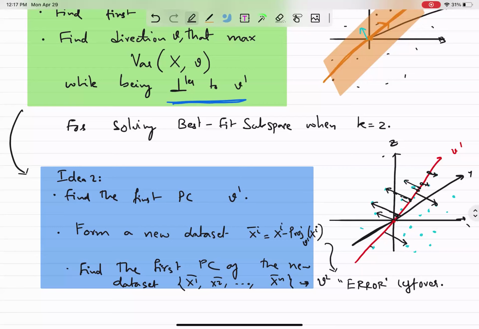Again, this is a common method where you're trying to approximate something, you get a first guess, and then you try to approximate the error and keep on improving it as you go along. So that's what we are doing here. And as it turns out, and as you'll show in your homework, these two give the same answer. Both of these are actually equivalent.